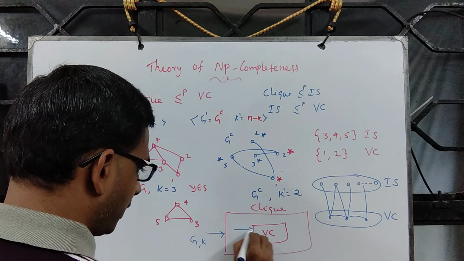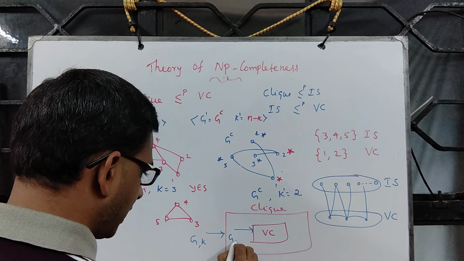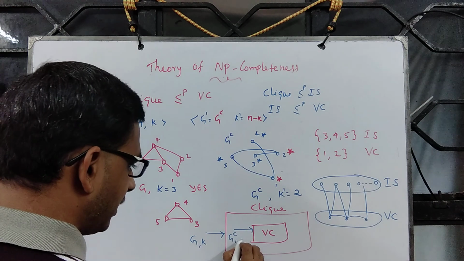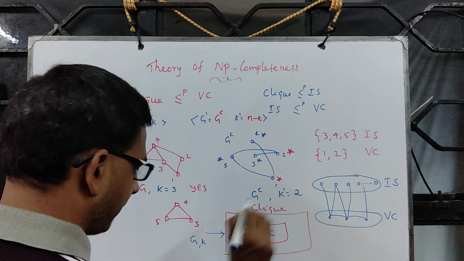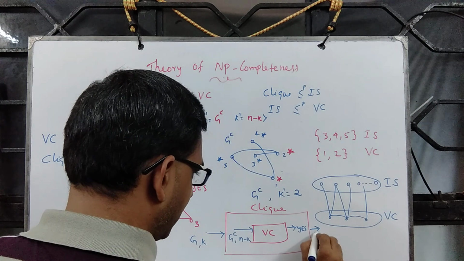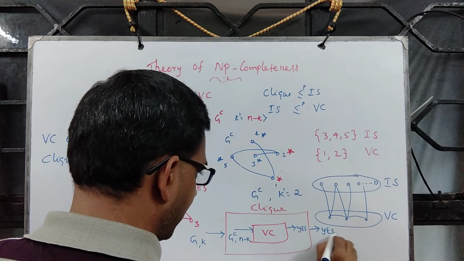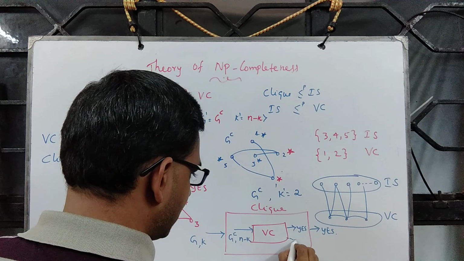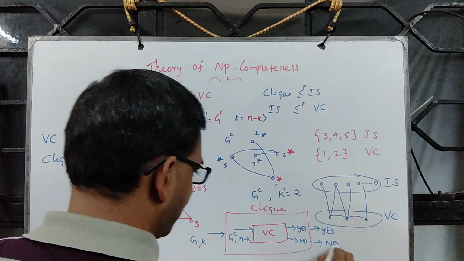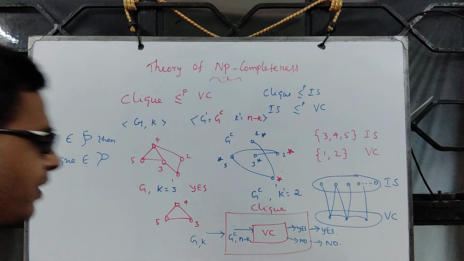What do you do? We invoke the vertex cover black box with G complement and n minus k. If this returns yes, we return yes for the clique problem. If this returns no, we also return no for the clique problem.